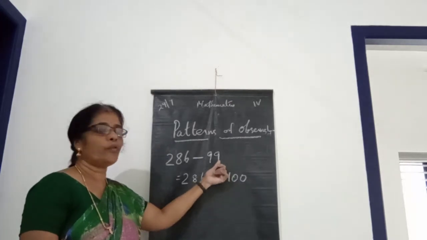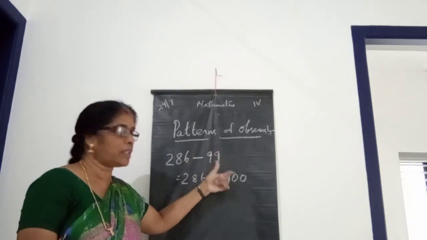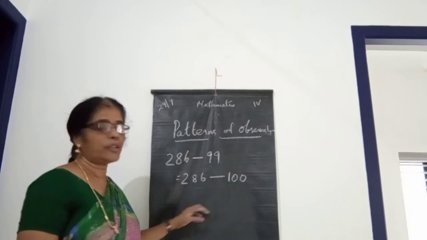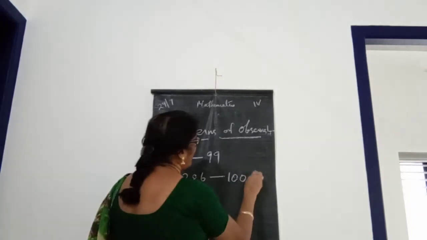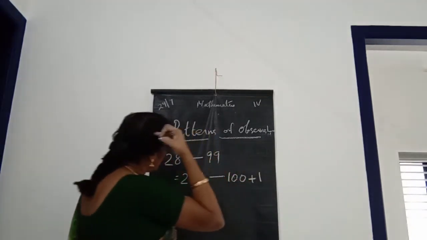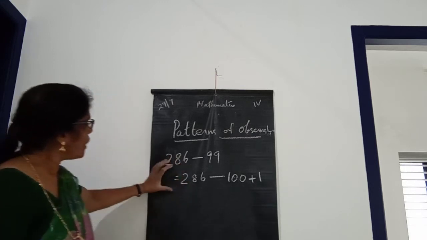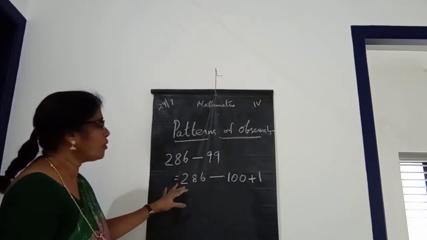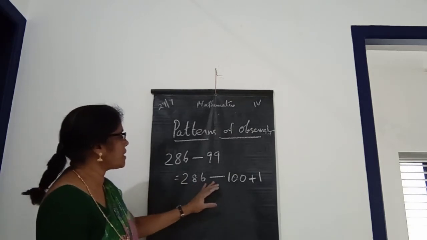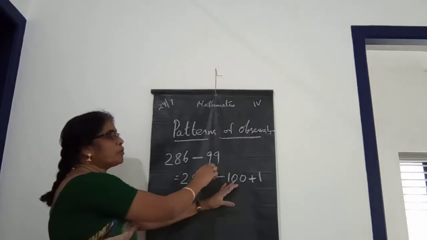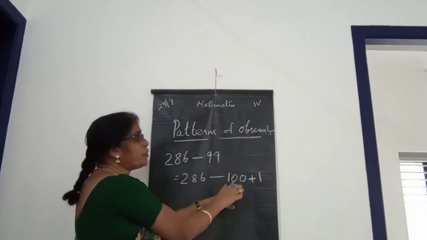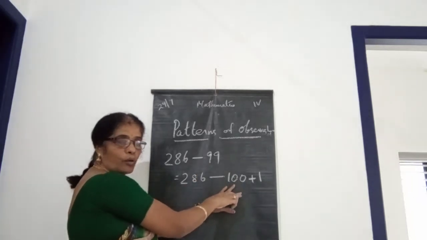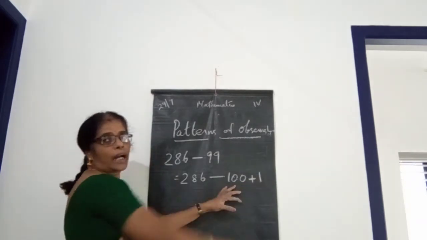Because here you want to subtract 99, but we have taken 100. So 1 is more subtracted. That more you have to add back.